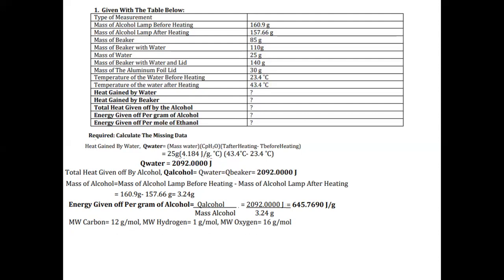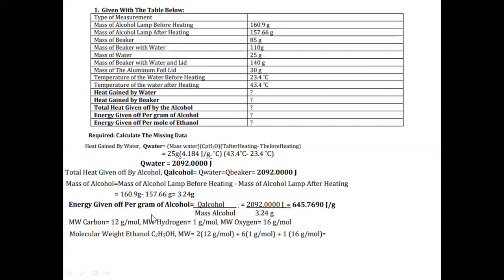To determine the molecular weight of ethanol, since we have 2 moles of carbon, 6 moles of hydrogen, and 1 mole of oxygen, this gives us 2 multiplied by the atomic weight of carbon at 12 grams per mole, plus 6 multiplied by the atomic weight of hydrogen at 1 gram per mole, plus 1 times the atomic weight of oxygen at 16 grams per mole.